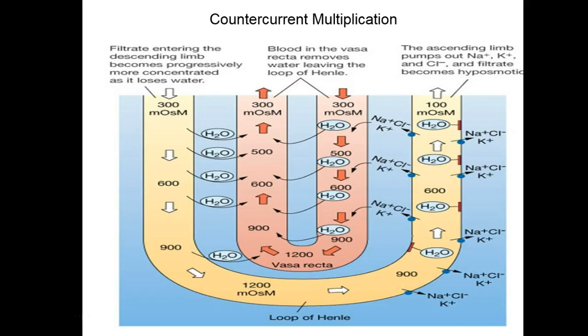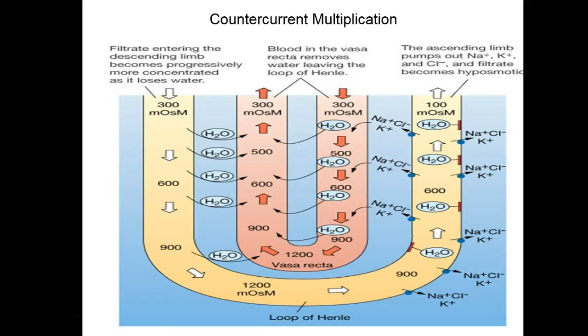It's not so much that the cells are different, the concentration of solutes to water is very different between the descending limb and the ascending limb. So the descending limb, over to the left, the solute water concentration is optimal for you to lose water. On the ascending limb, on the right, the water solute concentration level is optimum for you to lose solutes.